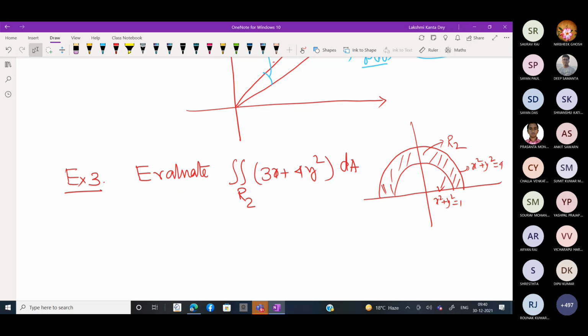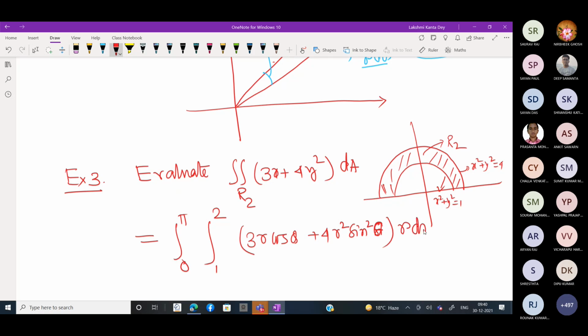So it will be coming to the integral from 0 to pi, and r is 1 to 2, of 3r cos theta plus 4r square sine square theta, into r dr d theta, because dx dy is replaced by r dr d theta.